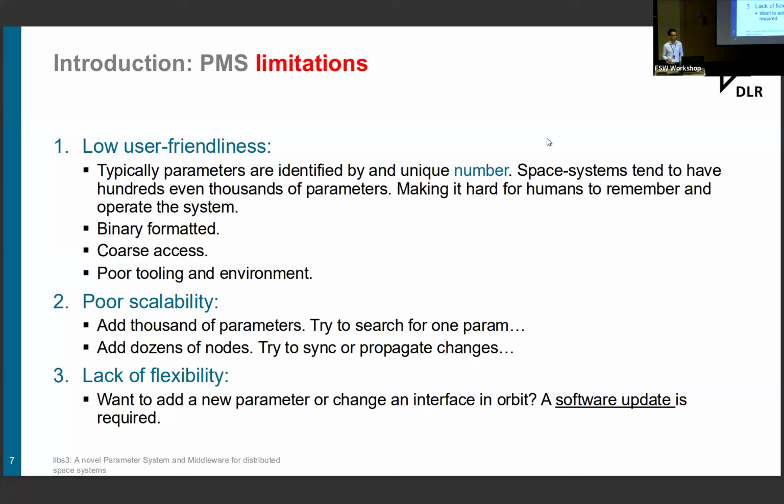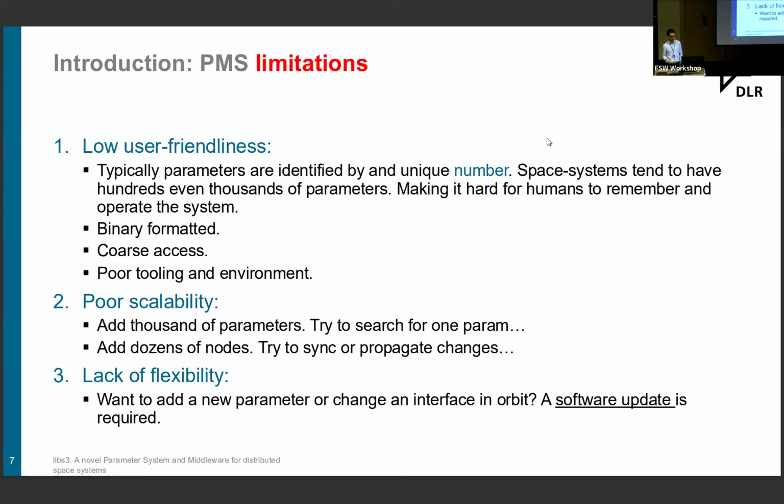Otherwise, it will be pretty hard, pretty daunting. Sometimes they also have coarse access. With this, I mean that you have to send a whole data structure or a whole table, a whole binary file just to access or change one single parameter. And sometimes they just don't have the proper tooling for using them.